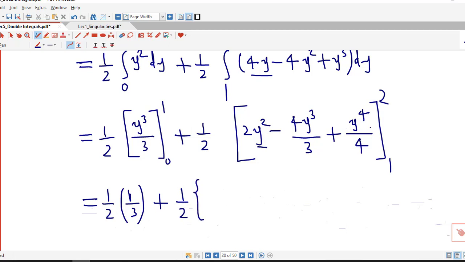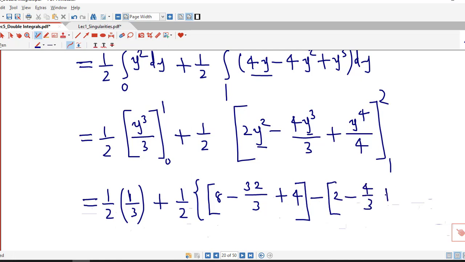Here upper limit for y is 2, so y square means 2 square, that is 4 into 2, 8, minus 4 into 2 raised to 3, which is 8, so 4 into 8, 32 divided by 3, plus 2 raised to 4, that is 16 divided by 4, which is 4, minus we put y equal to 1, so this is 2 minus 4 by 3 plus 1 by 4.